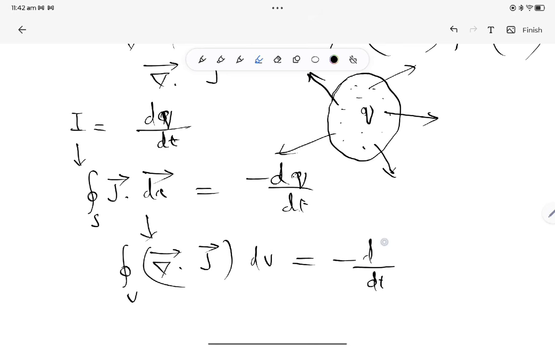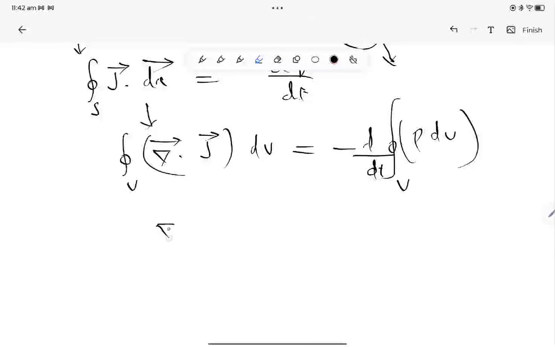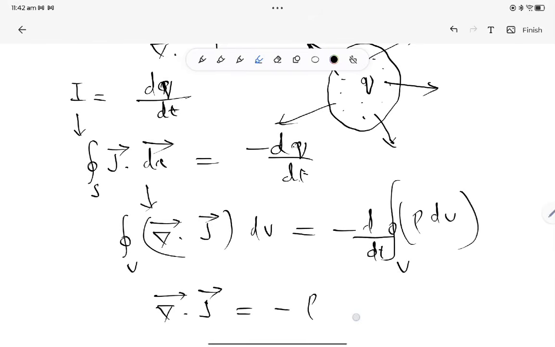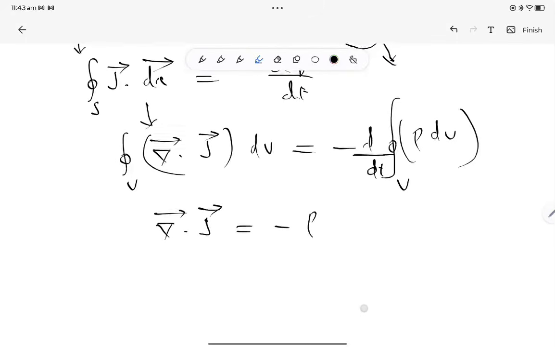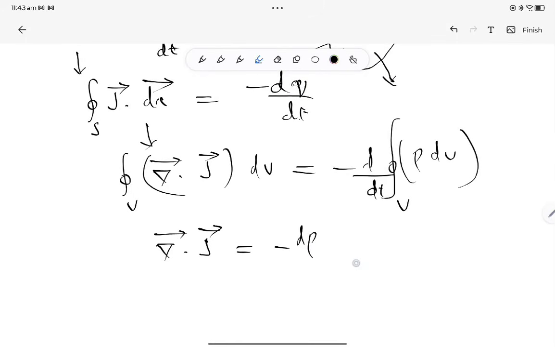So far as this charge is concerned, I can write rho dV. Now you have rho dV, a volume integral, and dV on the other side. Now you can cancel these, and you will have del dot J equal to minus del rho by del t.